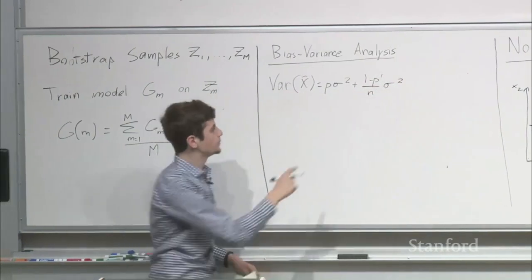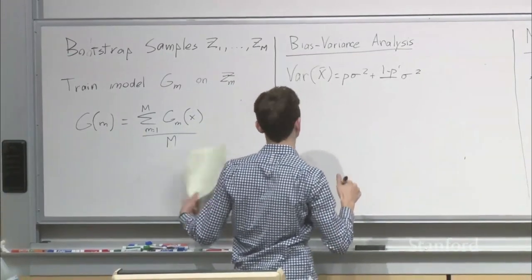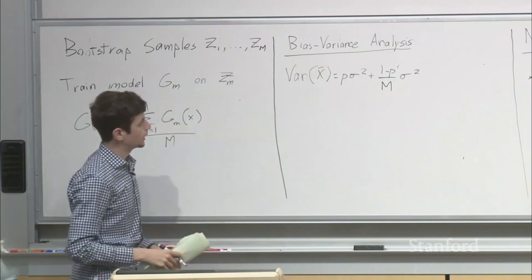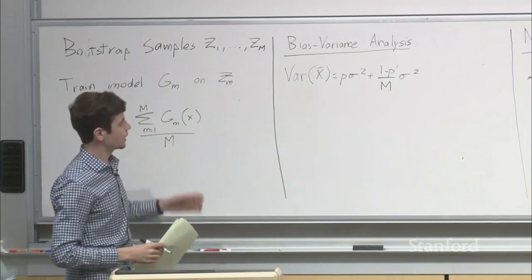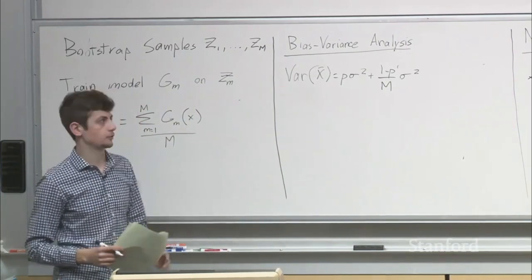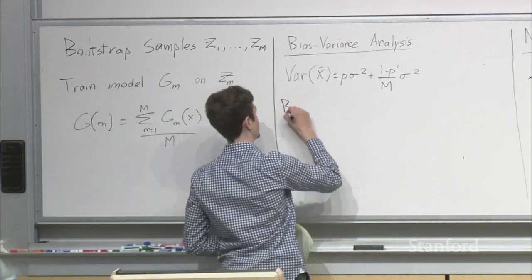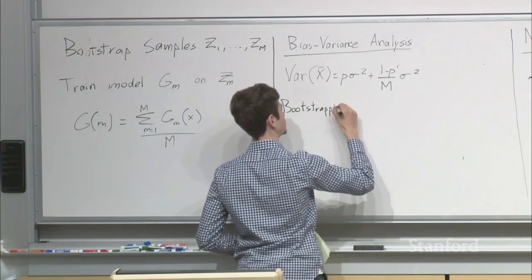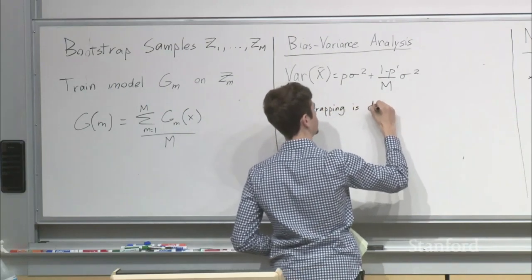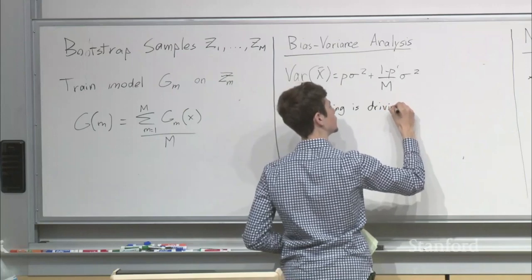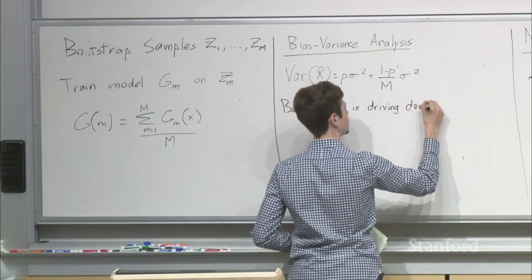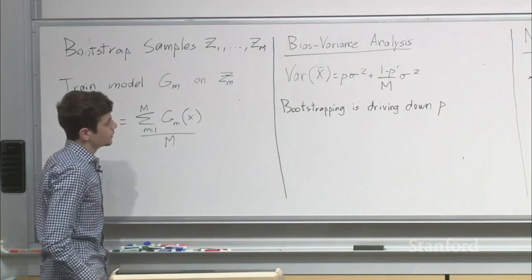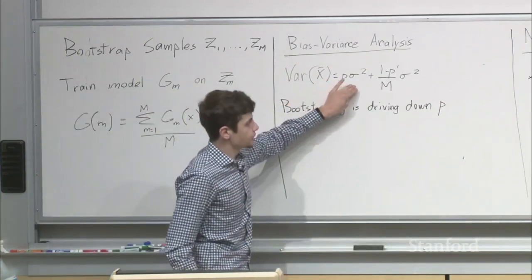In this case, our m is really just the number of bootstrap samples, so we'll use big M. By taking these bootstrap samples, you're decorrelating the models you're training. Bootstrapping is driving down rho, okay? And by driving this down, you're making this term get smaller and smaller.